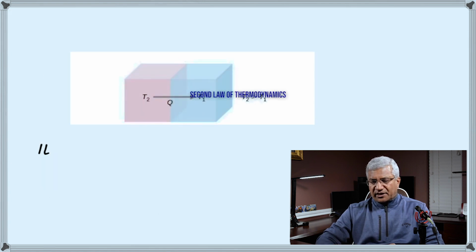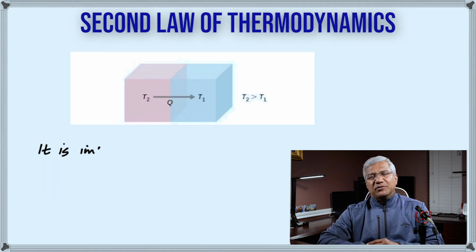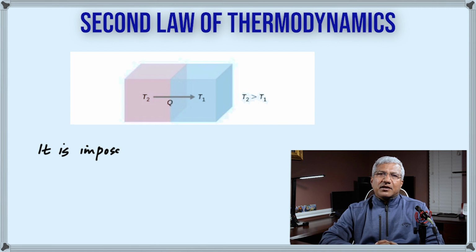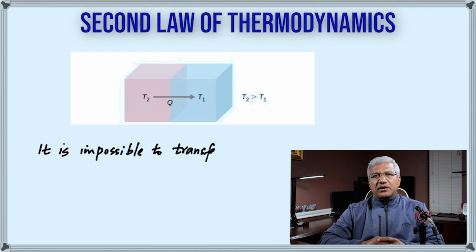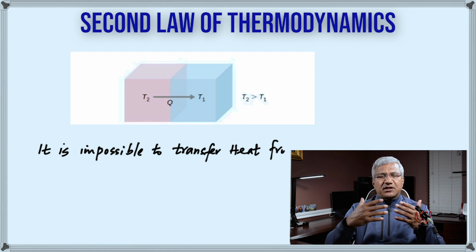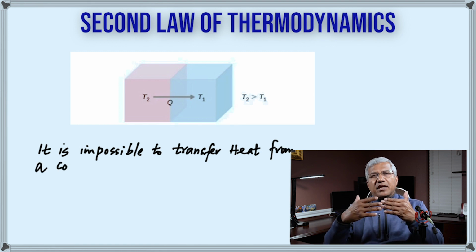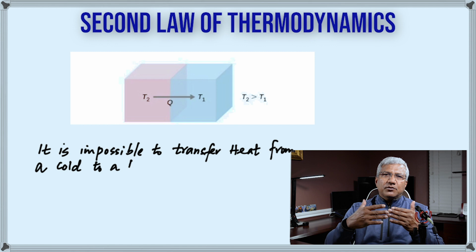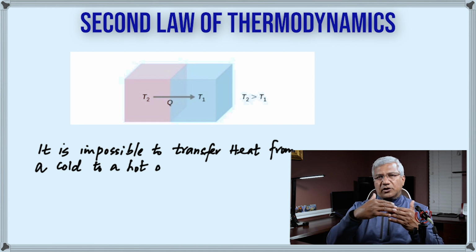So now let's look at the second law of thermodynamics. The second law of thermodynamics is the principle of the heat engines. And according to the second law, if we put a cold object and a hot object in contact with each other, heat will spontaneously flow from the hot object to the cold object.